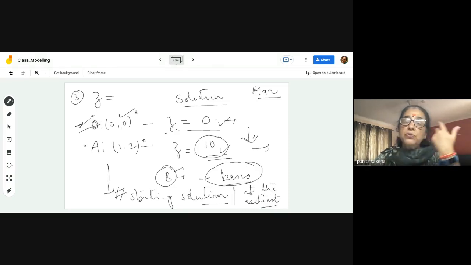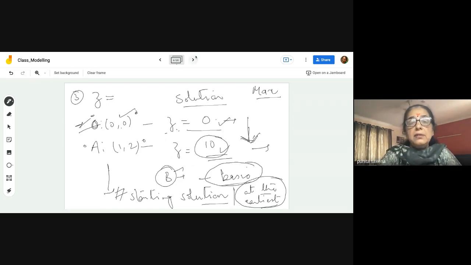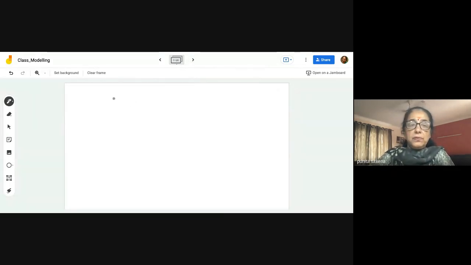I need not compute for the remaining extreme points. Okay, so this is what we have to learn. How to move, how to improve the value of Z. Okay, so supposing you had a situation where your feasible region is something like this.